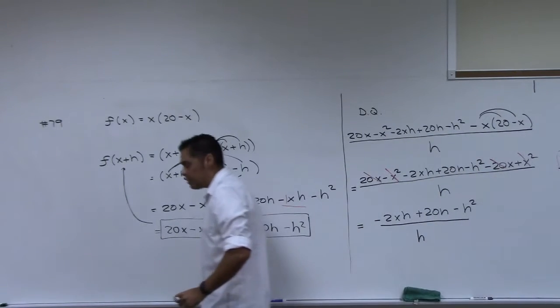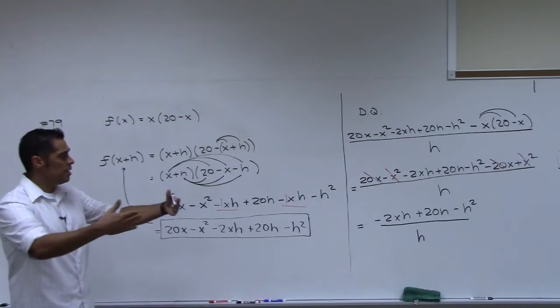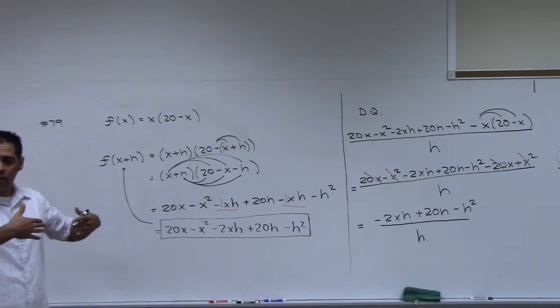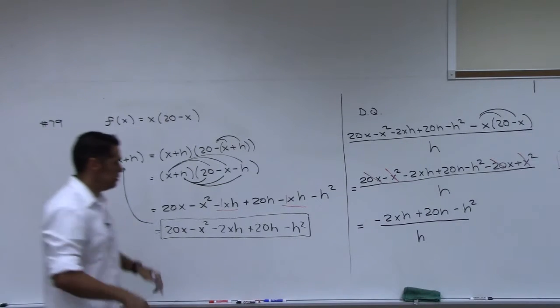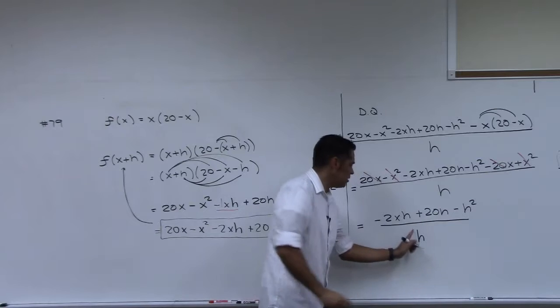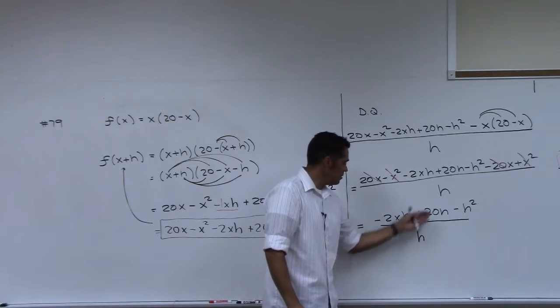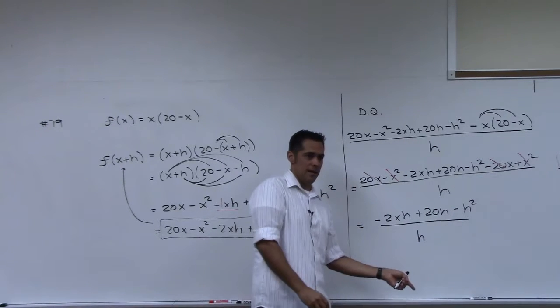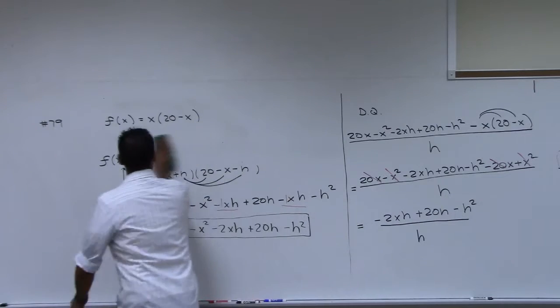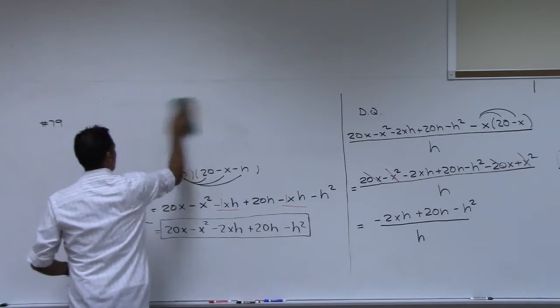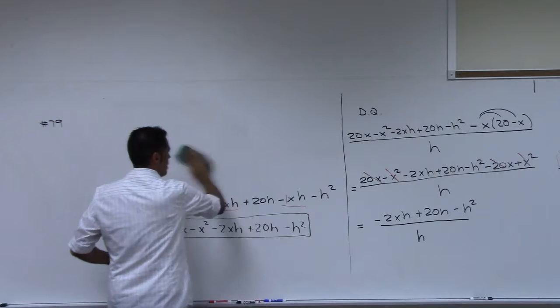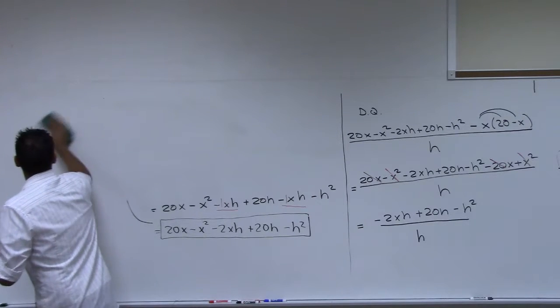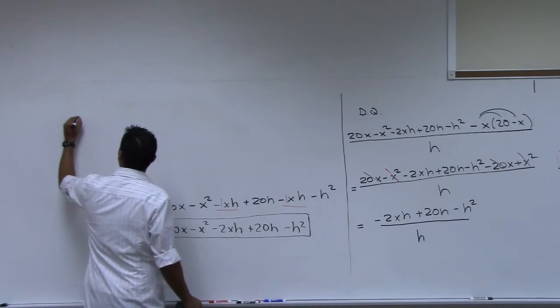And now, because everything has an h, you can factor out an h out of the numerator. So let's factor an h out. Our ultimate goal is to get that h to go away, to cancel. So if I pull an h out of the top, I can cancel it out. And this is where we stop, okay, after we pull this h and cancel.